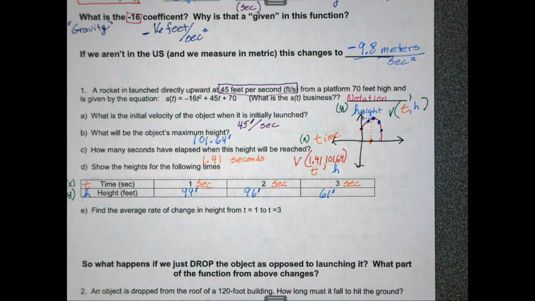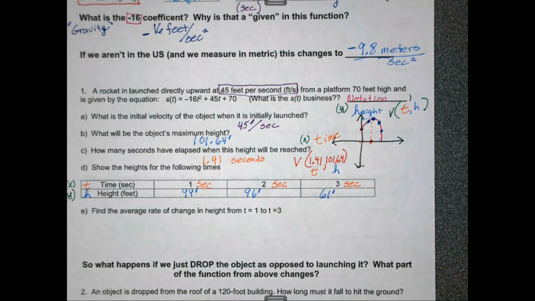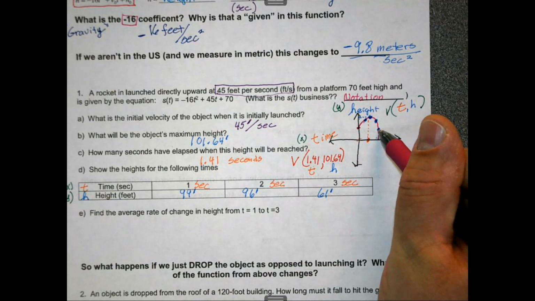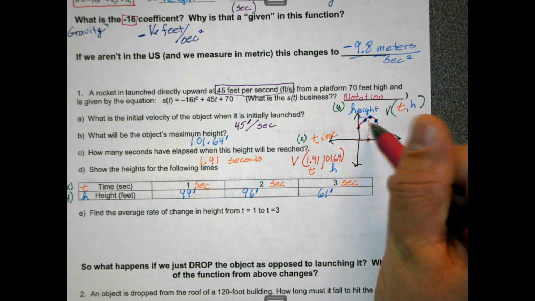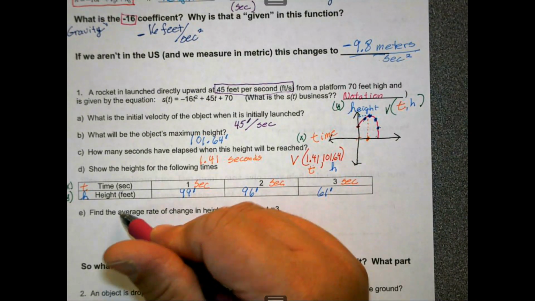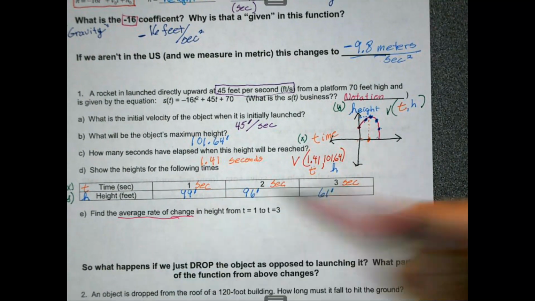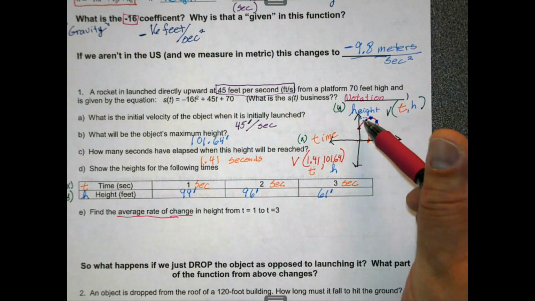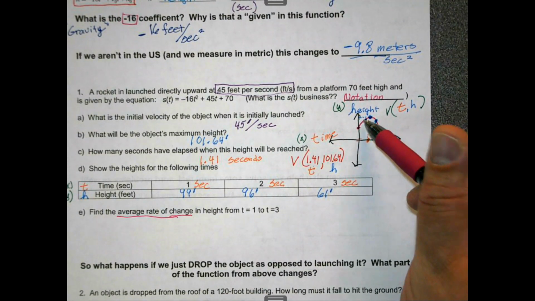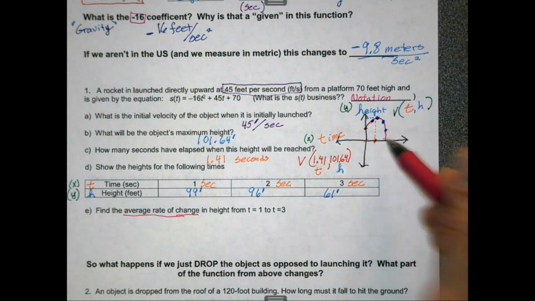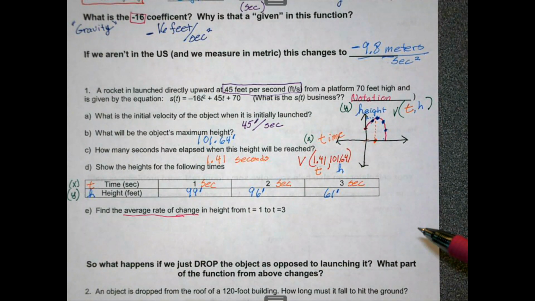Now, the next question is asking, what's the rate of change from 1 second to 3 seconds? Now, remember, parabolas don't have a constant slope, right? Rate of change is nothing more than slope. So I can't say it's one constant number. So what we have to do is consider all three of these points, 1, 2, and 3. At least that's what the question says, from 1 to 3, and take the average of the slope between the points.